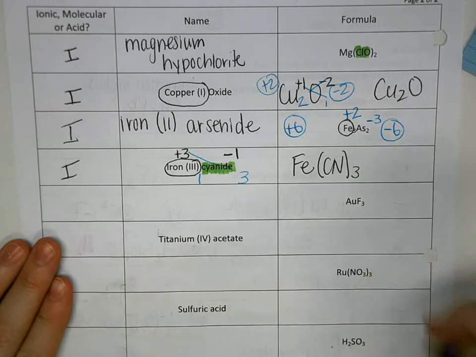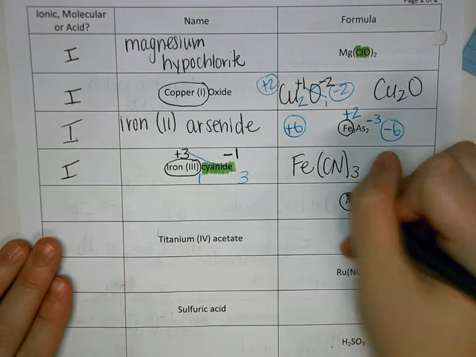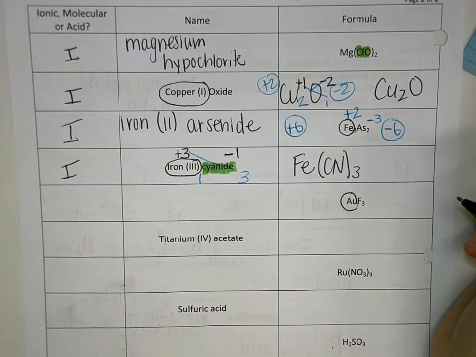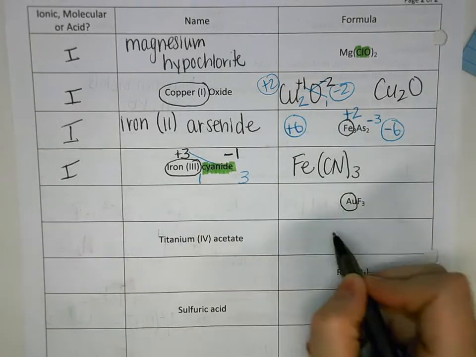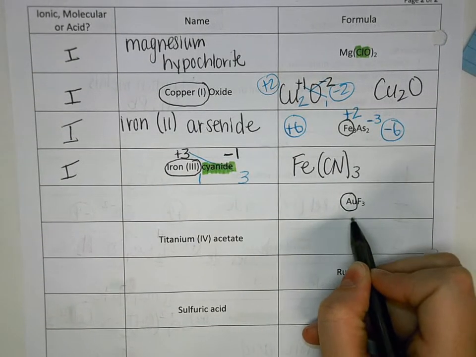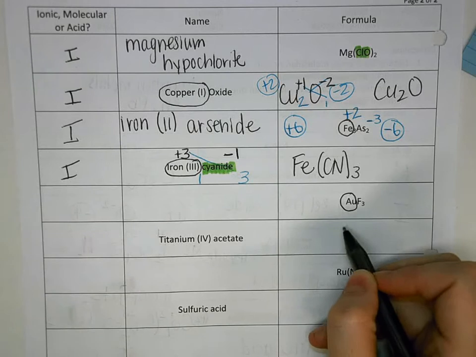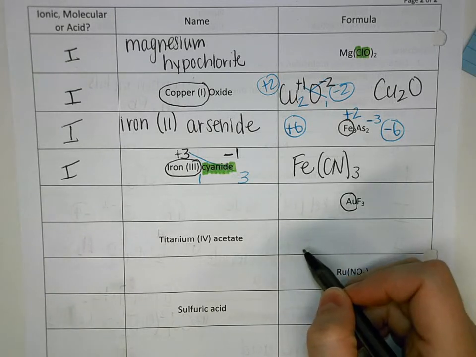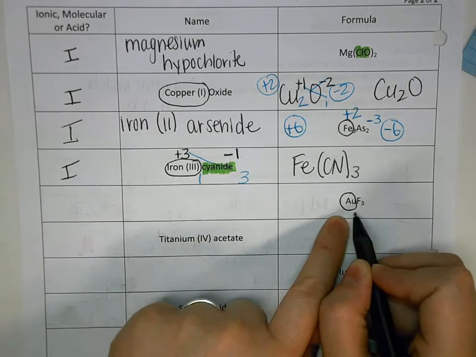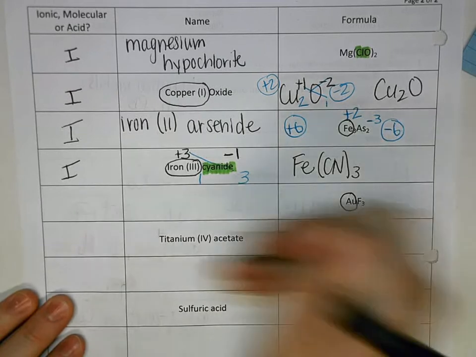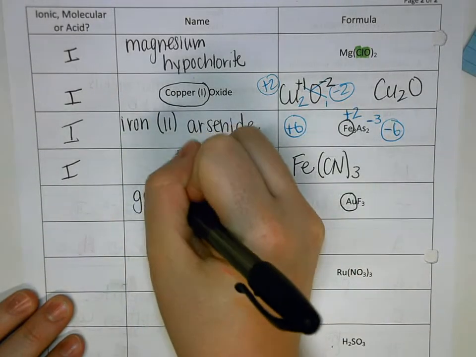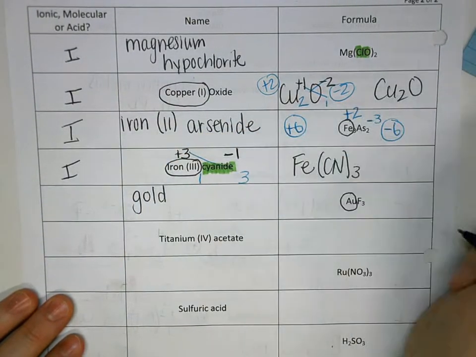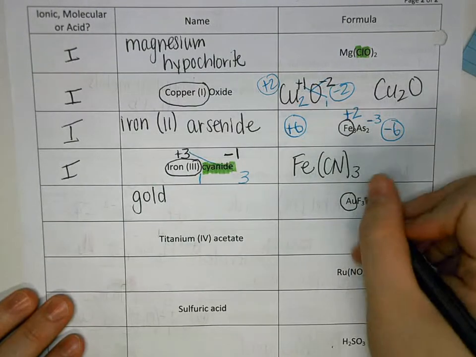Next I have AuF3. Au is a transition metal. So that means that whenever I write my name, I'm going to need to have Roman numerals. So Au is going to be gold. And I need to figure out what the charge is on gold.